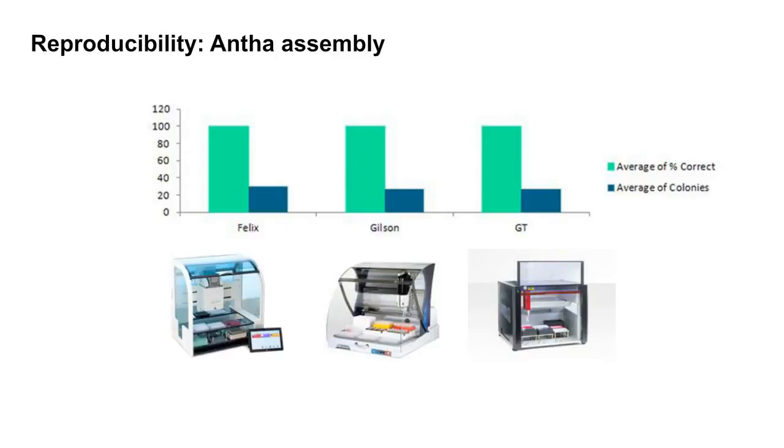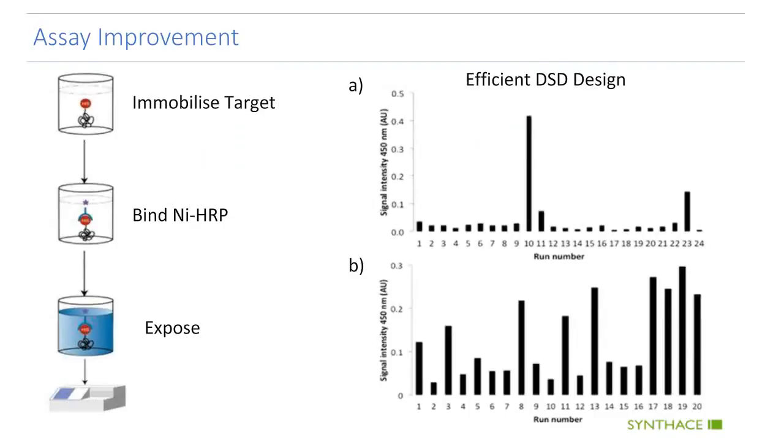Now, this sort of protocol optimization isn't limited to simplifying something like construct assembly. It's just as important to be able to systematically investigate what are the factors that are driving the successful execution of assay protocols. So, as an example, an experimental design such as a definitive screen can be used to simultaneously improve the signal-to-noise and also understand what are the major drivers of the success rate of something like an immunoassay.